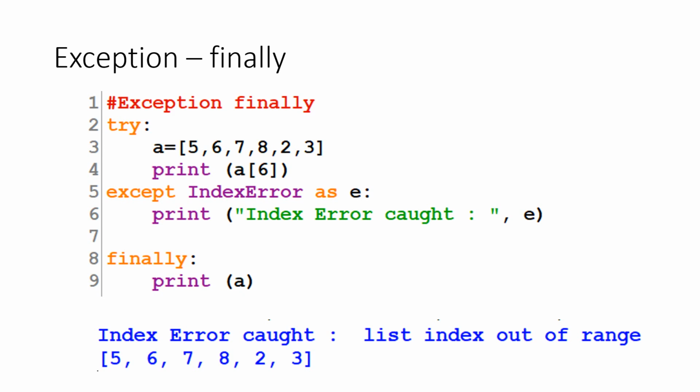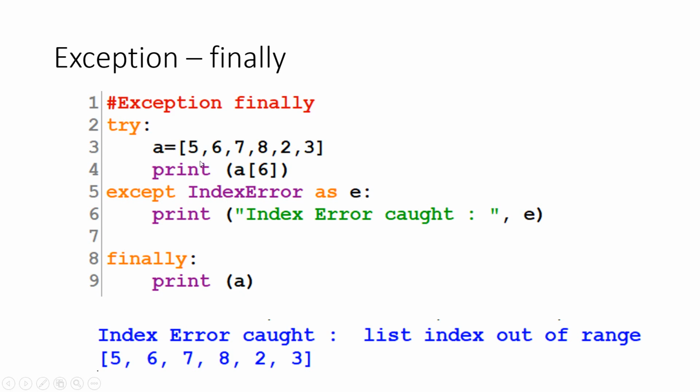So if you are looking for a means where, irrespective of whether exceptions take place, you need some statements to execute, then we can use the finally construct. What we have done here is try the exceptions on these two statements, line number 3 and line number 4.